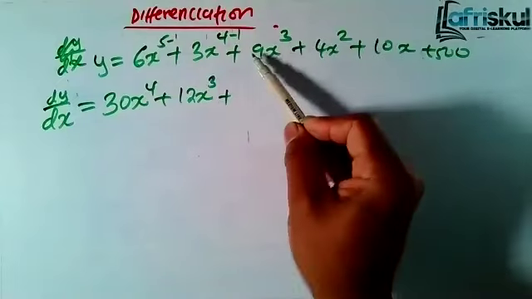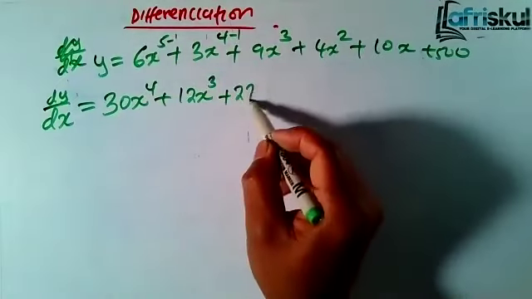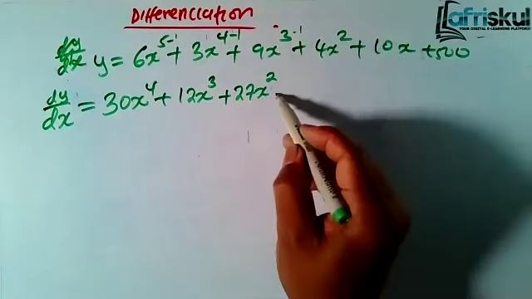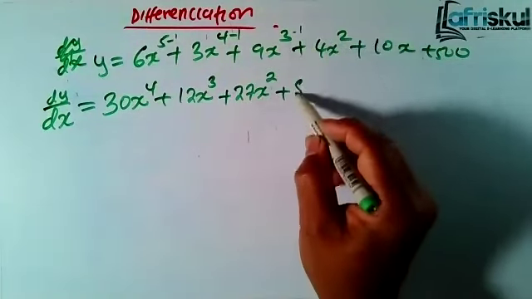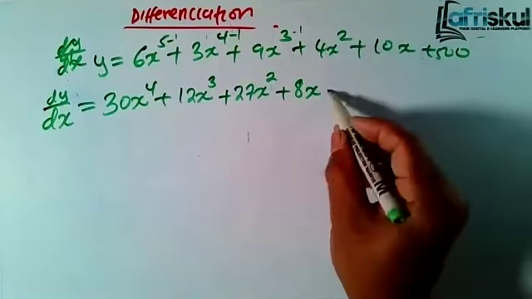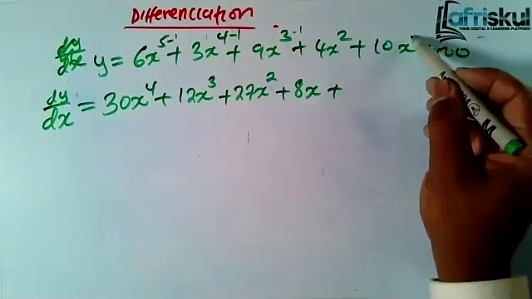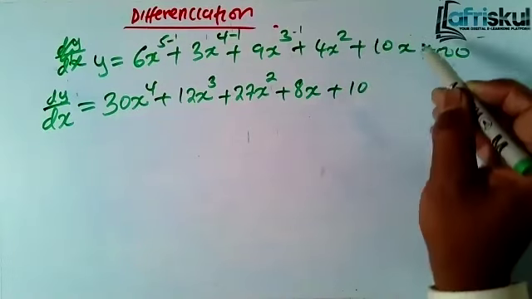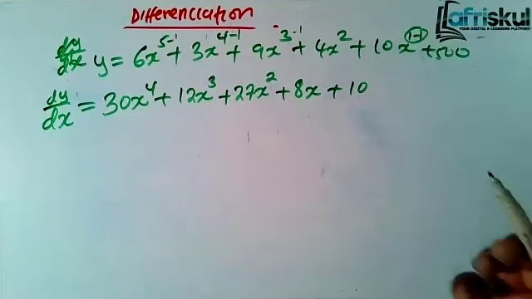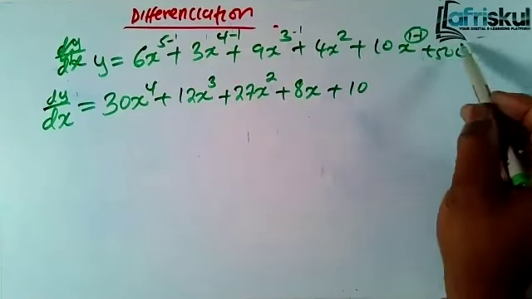Plus 3 times 9, you get 27x, 3 minus 1 squared. Plus 2 times 4, you get 8x, minus 1 remains only 1. Plus, this is the same as 10 raised to power 1, so 1 times 10, you get 10, then 1 minus 1, so x raised to power 0 disappears.